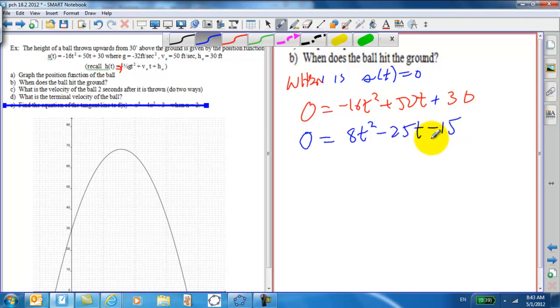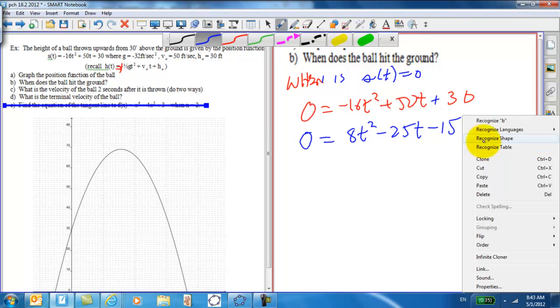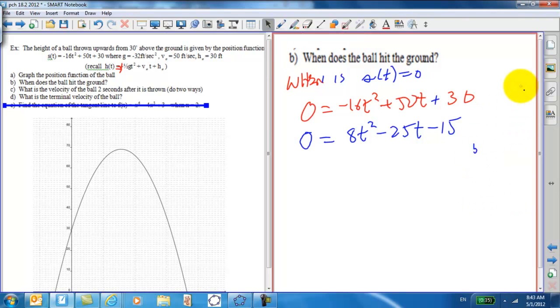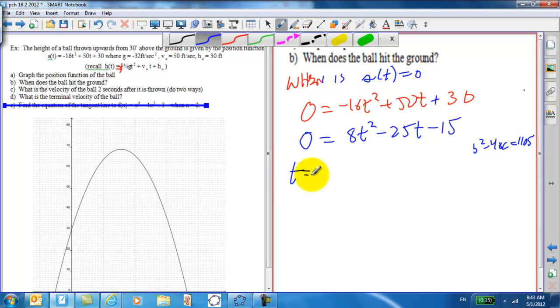And we can check b squared minus 4ac to see if that's positive or negative. B squared minus 4ac ends up equaling 1105. That's not a perfect square, so we can't factor it.